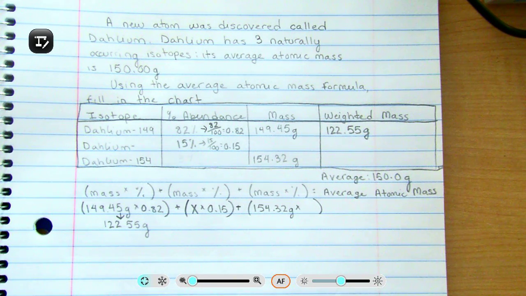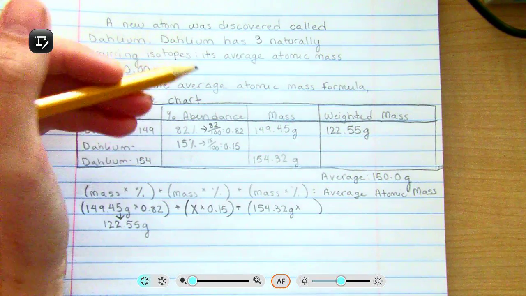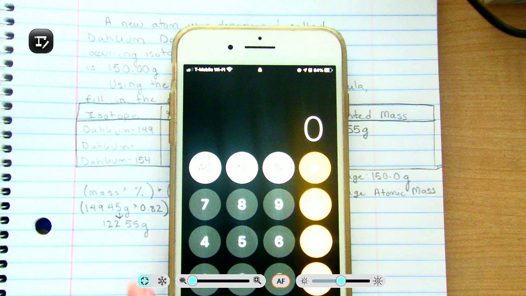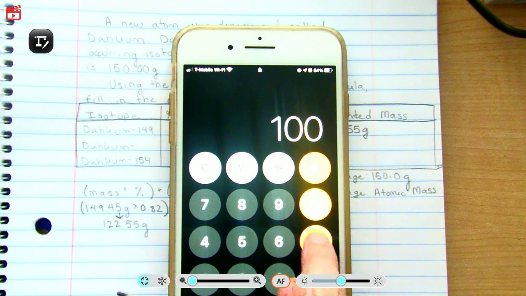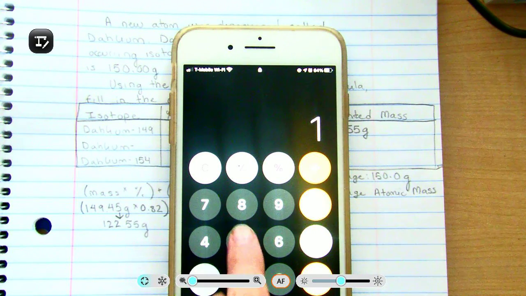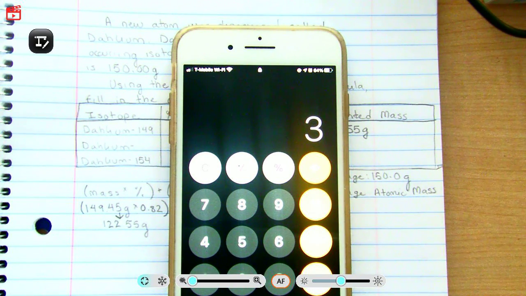So you have 82 and 15%. To figure out that last percent, you can subtract the percents that you know from 100, because you have to have 100% to show the whole scope of your isotopes. If you're really good at math, you can do this in your head. But I'm just going to do 100 minus 82 and then minus 15. Our last percent is 3.